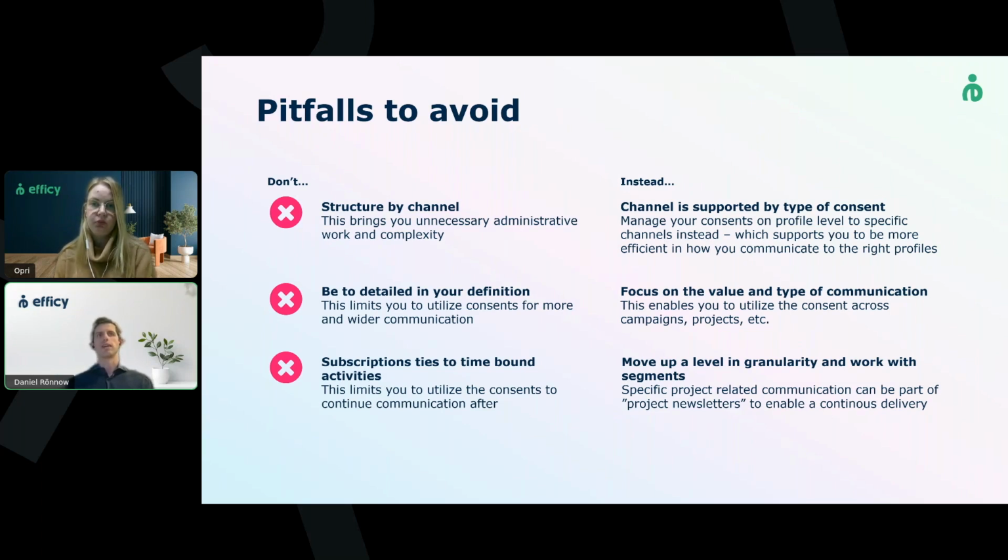The consent says whether the profile wants to opt in through SMS or through email to that subscription specifically. So with the consent, this already works itself out. So don't structure it by channel. Don't have marketing through email as a subscription. That will create unnecessary administration that just adds levels.